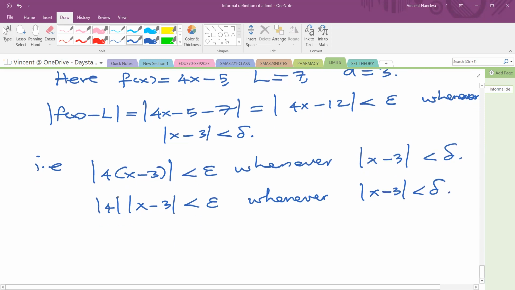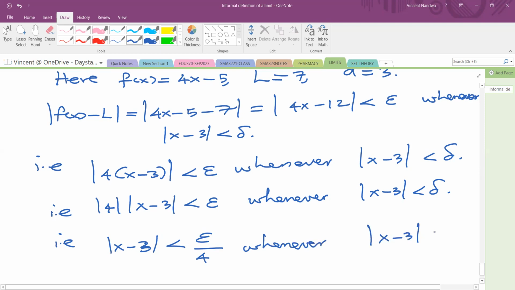The absolute value of 4 is 4, so this simply means the absolute value of x minus 3 is less than epsilon over 4 whenever the absolute value of x minus 3 is less than delta.